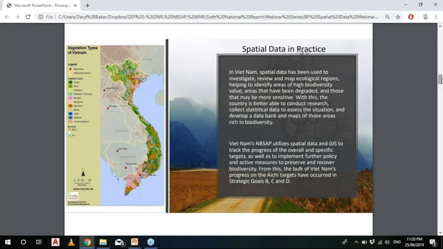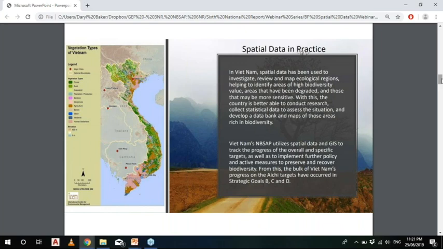So how has the government been using spatial data in practice? During the formulation of the sixth report, we faced some difficulties because the spatial data has been used in Vietnam, but it is very scattered.